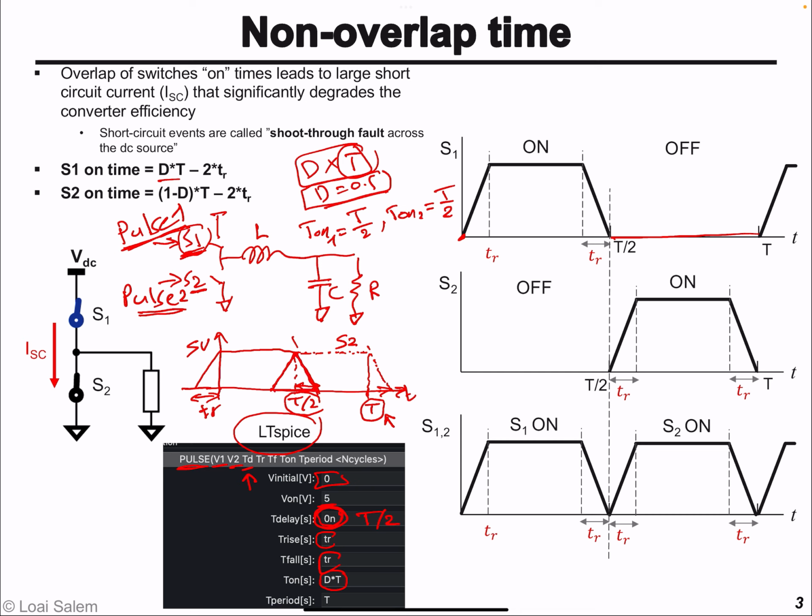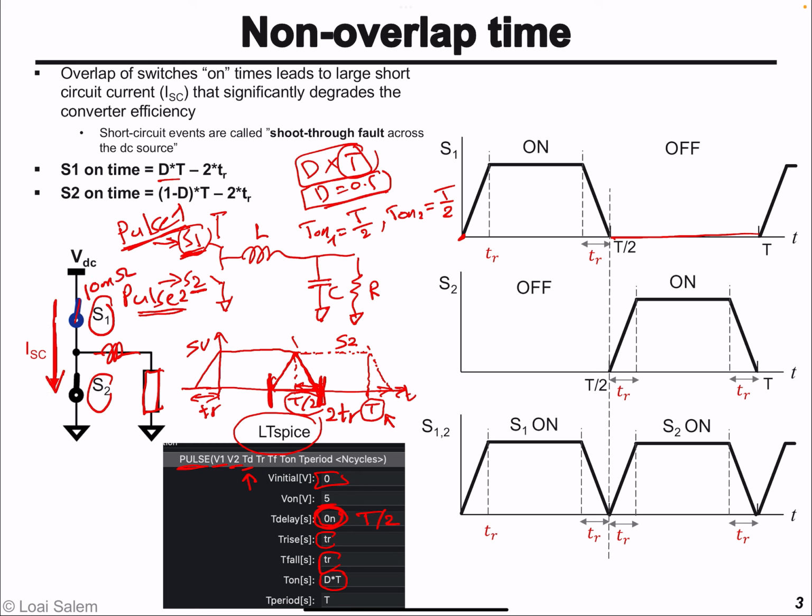essentially, you will find that during this interval, which is 2 times the rise time, both S1 and S2 are on. If we assume here is the inductor, and this is essentially the capacitor in parallel with the resistor. So during this interval, both switches are on. So what will happen? You will have a huge short circuit, because these switches are, say, 10 milliohm each.